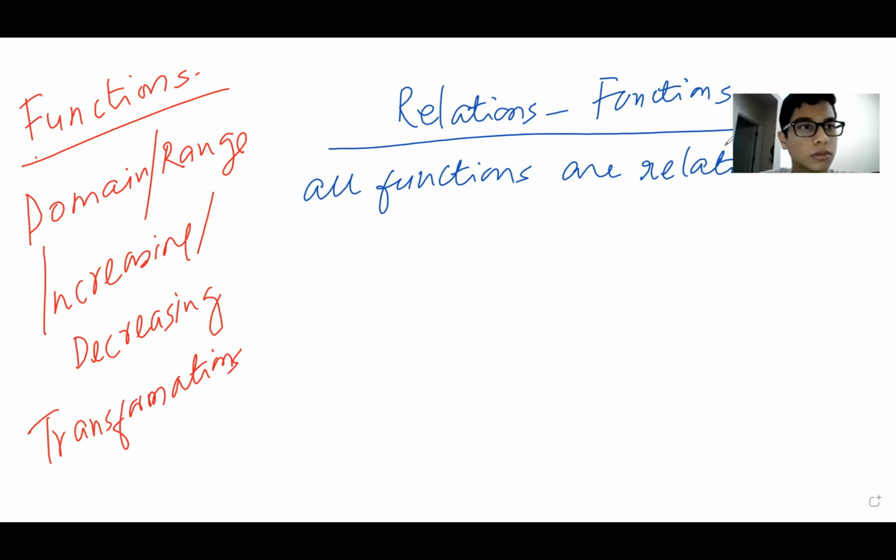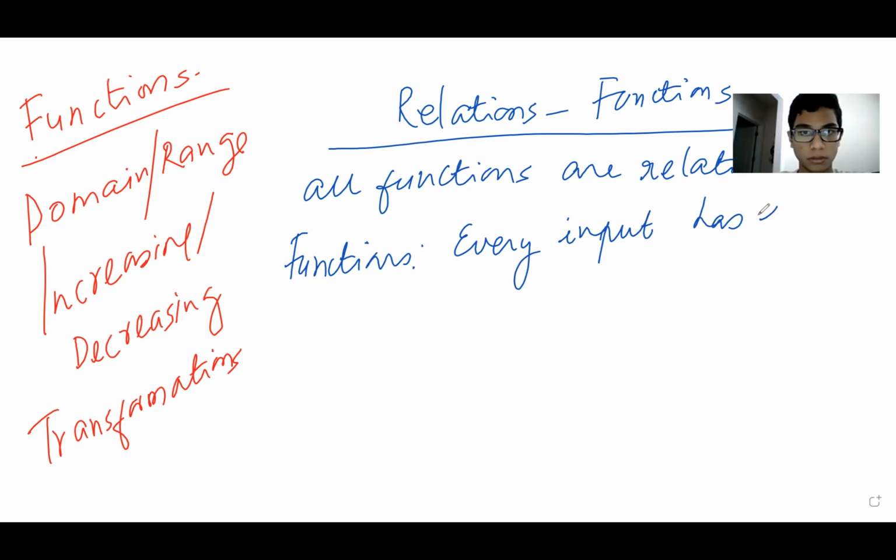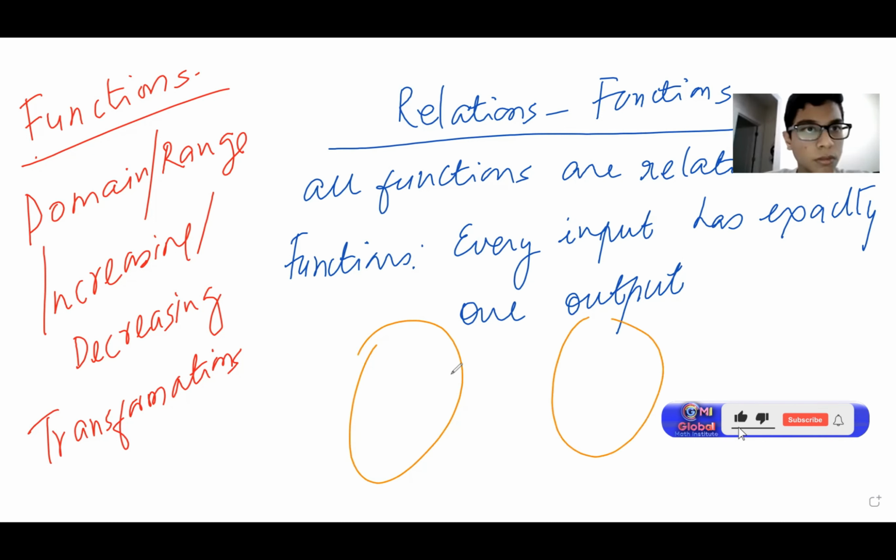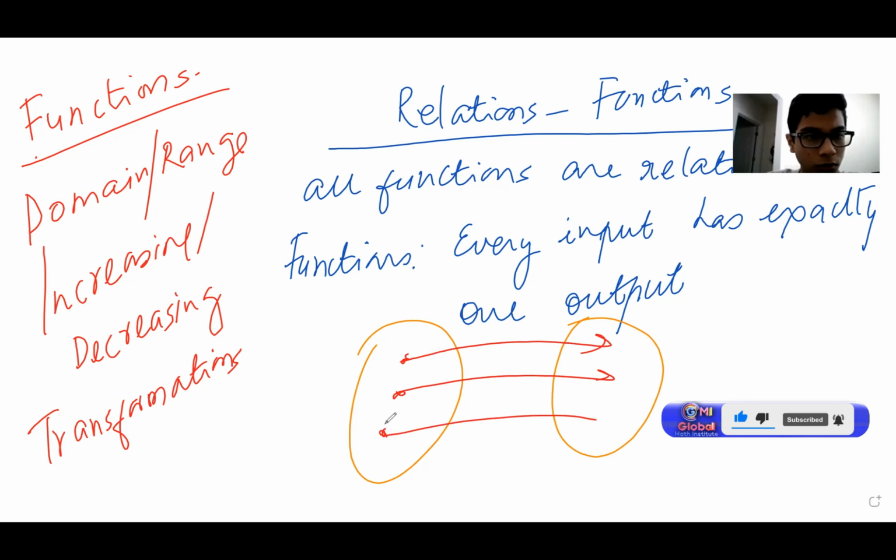Second is that in functions, every input has exactly one output. So when we say that, it really means that if we have something here, I'll show you with the help of a mapping diagram, that could be a function, correct?